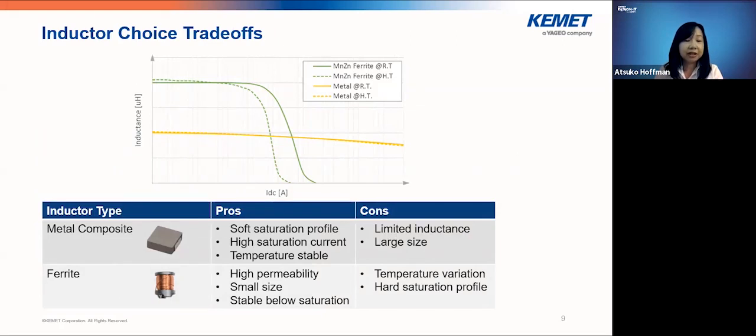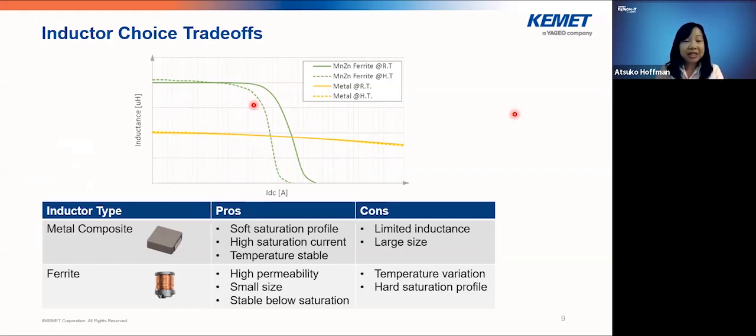Let me see if I can use the laser pointer. Okay. On the graph on the top, inductance versus current, you see the yellow line. This is the inductance profile for the metal composite inductor. The metal composite inductor has very good performance because it has what we call a soft saturation profile.